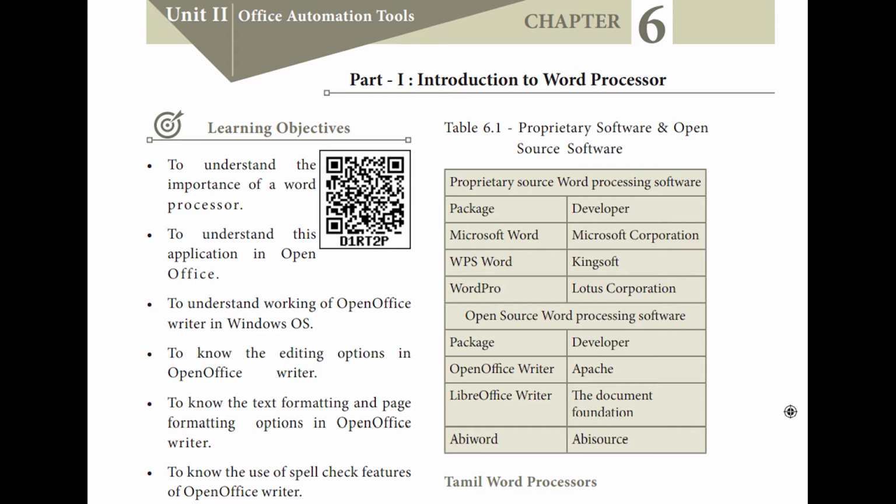For inserting a picture, what tool is used? Like that, each and every operation they have given with diagrams in your book. So if you go through these 3 lessons, you will be able to work with a computer or a laptop very easily. If you don't have a laptop or computer also, no problem. You can just install Office on your mobile itself, and you can try it out.